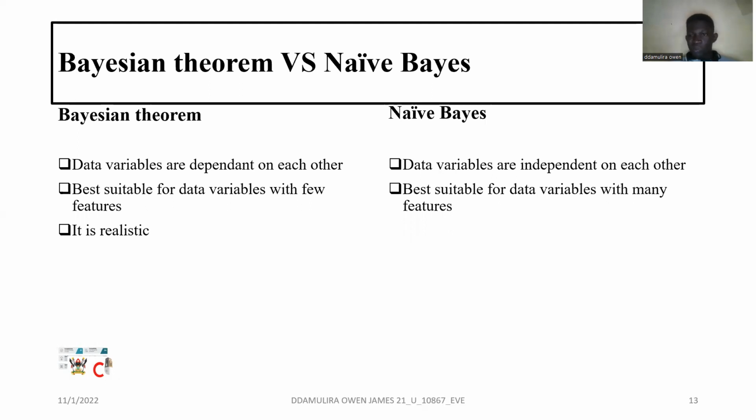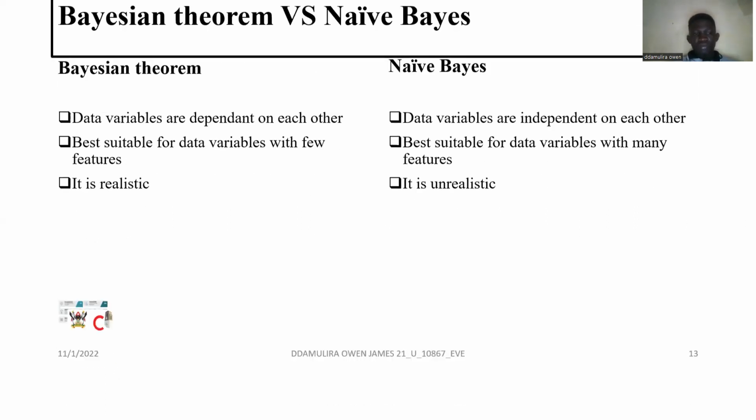That will make your model too complex to understand the class of a certain thing. But naive considers everything independent, so the work is a bit different. In nature, Bayes' theorem is realistic, but naive is unrealistic, because really data variables depend on each other.